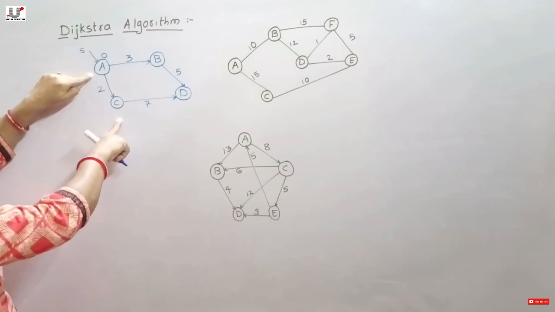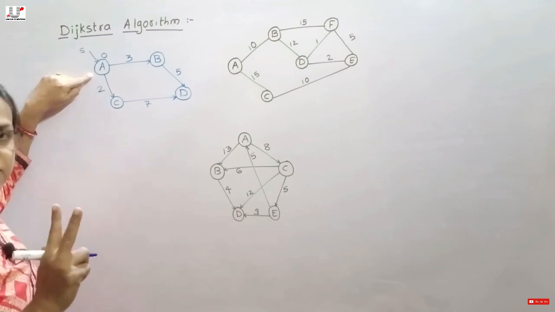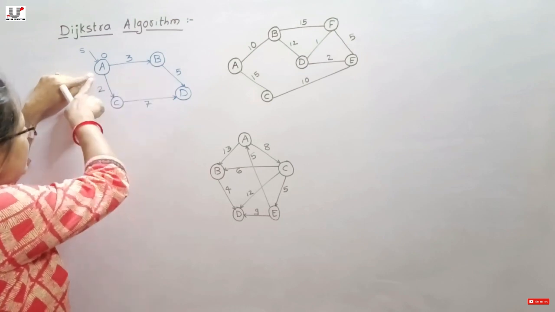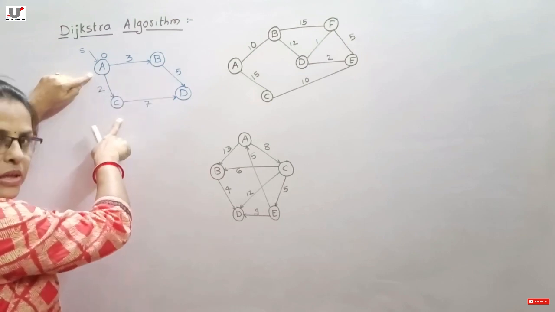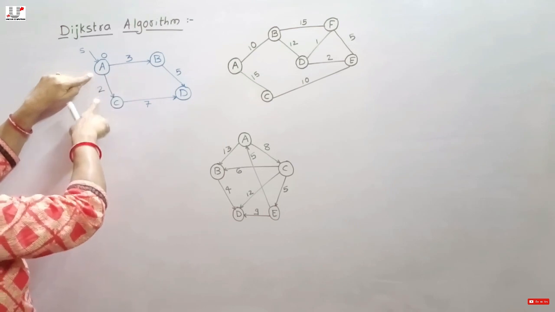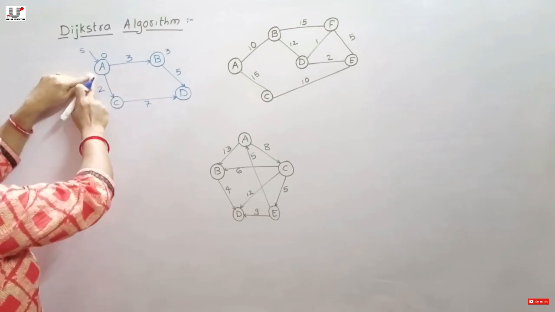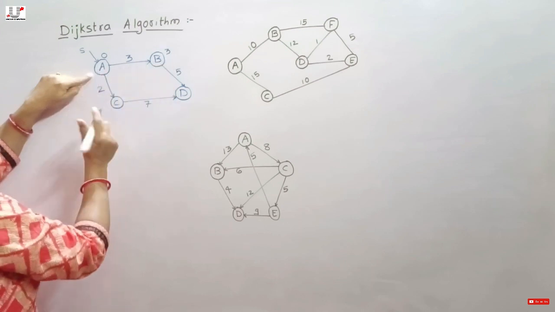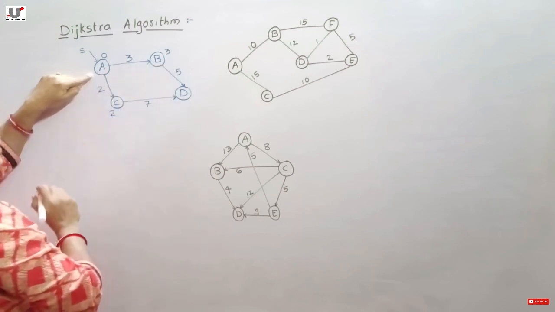In this graph, there are two direct edges, one from A to B and another from A to C, with distances 3 and 2. We calculate the distance from A to B as 3 and from A to C as 2.